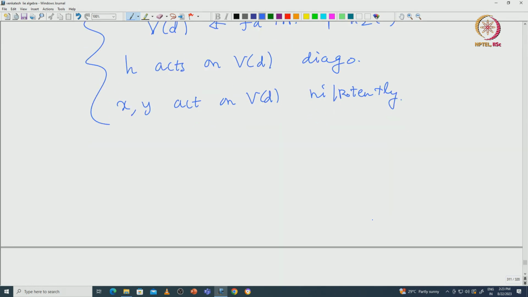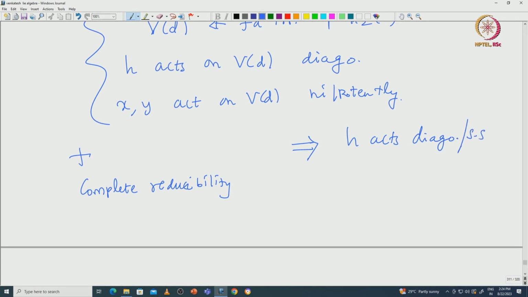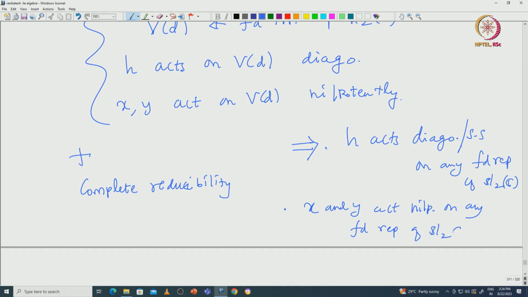So, using complete reducibility, we get that H acts diagonally or semisimply on any finite dimensional representation of SL2C, and similarly X and Y act nilpotently on any finite dimensional representation of SL2C.